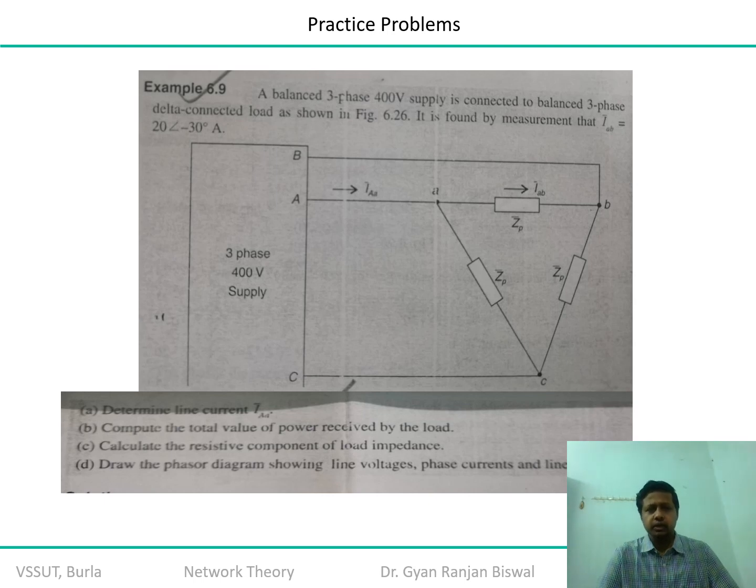Mathematically you can have any combination, but practically that is the most preferred option. The supply side can be star or delta, and the load side is also star or delta. Investigate which combination should be the best for the interconnection of the three-phase network, from the three-phase source to the three-phase load. And along with that, try to solve this particular problem.